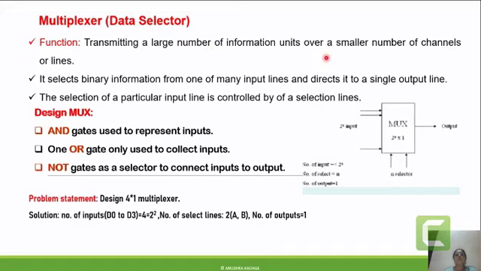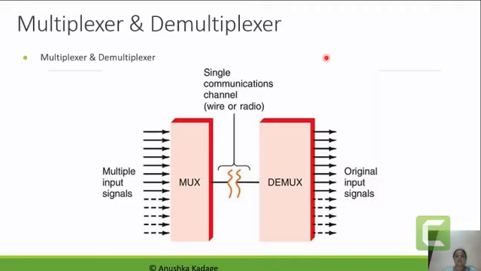of channels or lines. So just like in the previous example, I have told you that there are multiple input lines where more information is coming in parallel towards the channel, but there is only a single line.